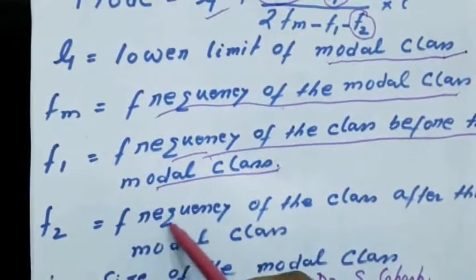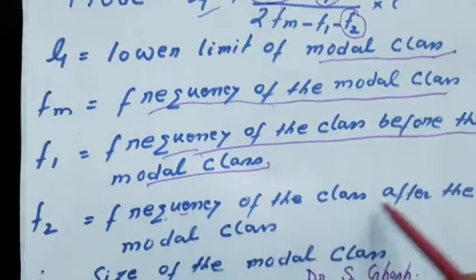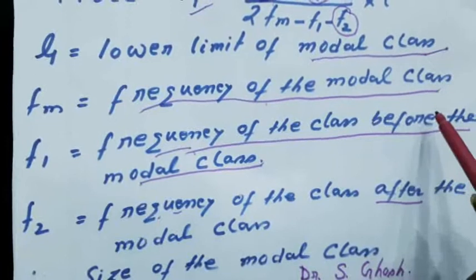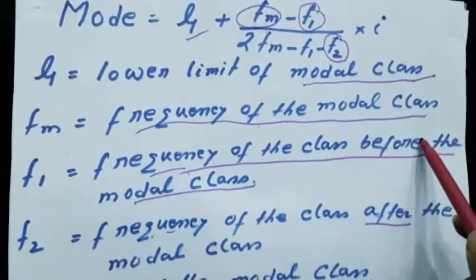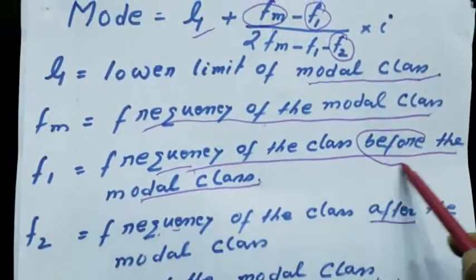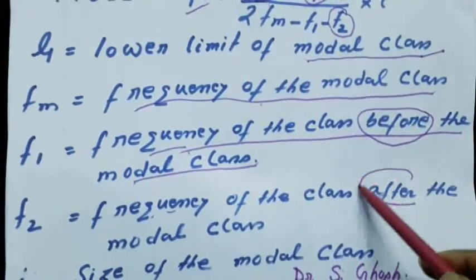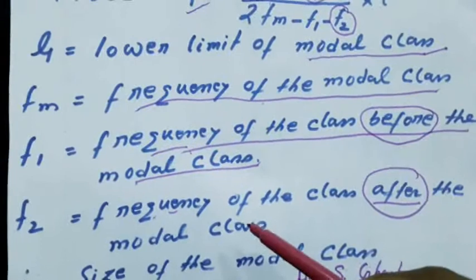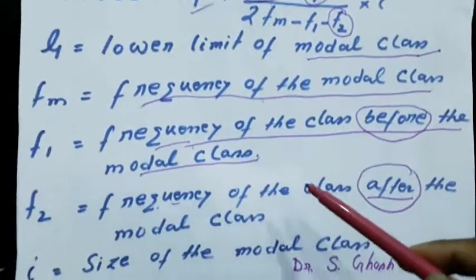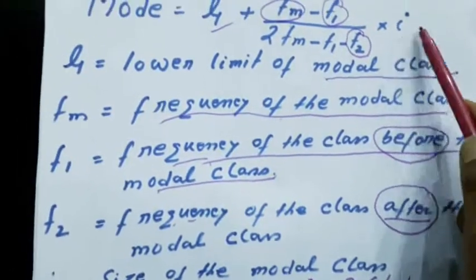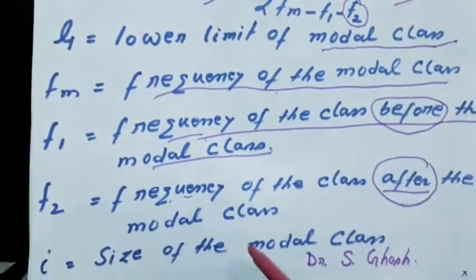This F2 is the frequency of the class after the modal class. F1 stands for before the modal class, and F2 represents after the modal class. That is the difference only. And this I has the usual meaning, that is, I means the size of the modal class.